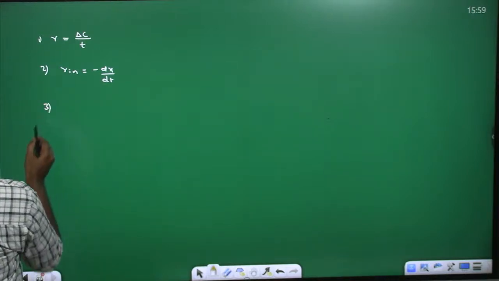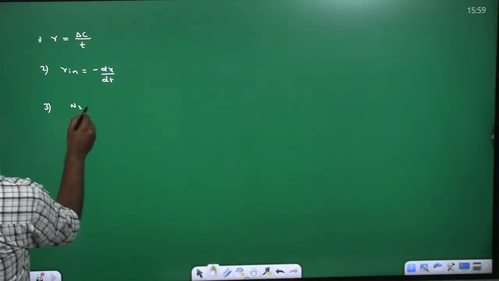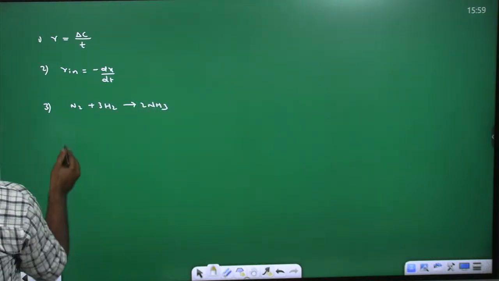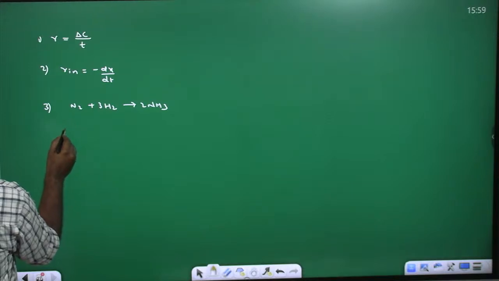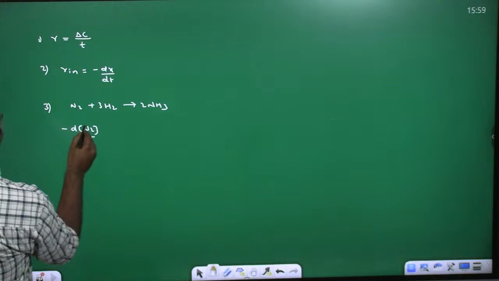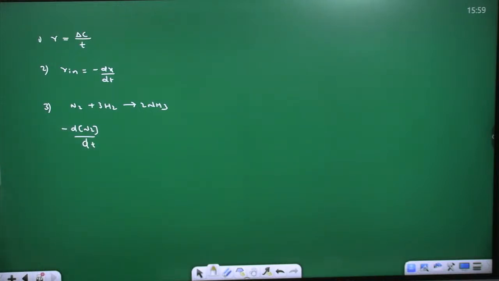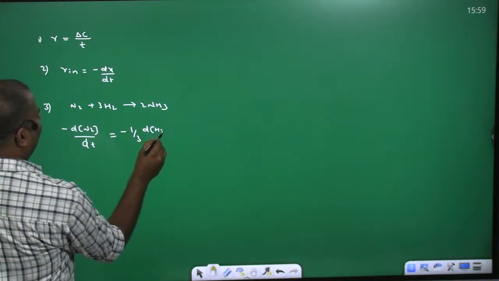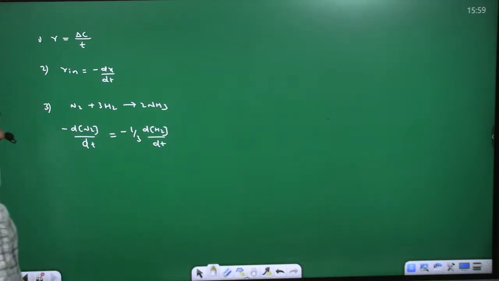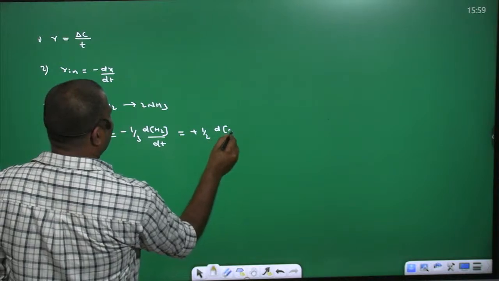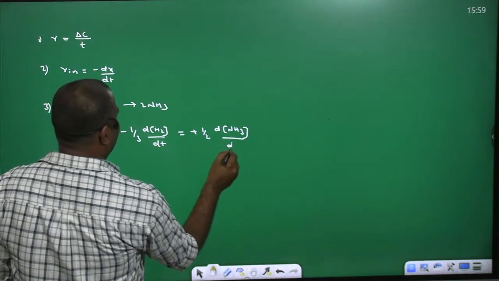Next, if an equation is given, N2 plus 3H2 gives rise to 2NH3, how do we write? Minus d concentration of N2 by dt means disappearance of concentration of nitrogen equal to minus 1 by 3 d concentration of hydrogen by dt means rate of disappearance of hydrogen equal to plus 1 by 2 d concentration of ammonia by dt we can write.